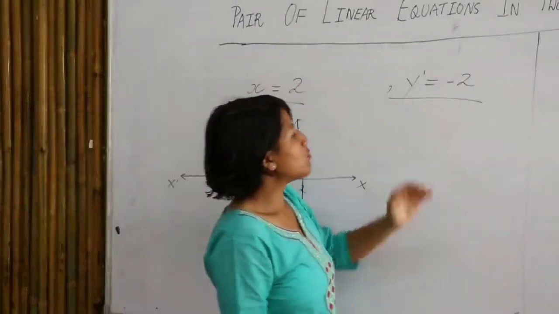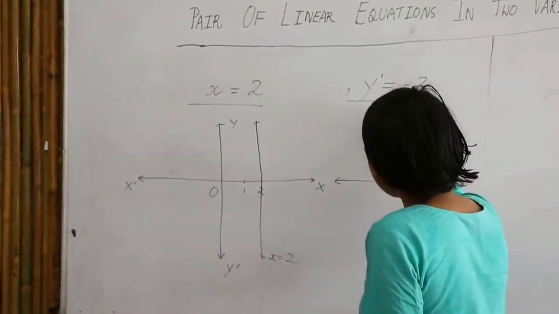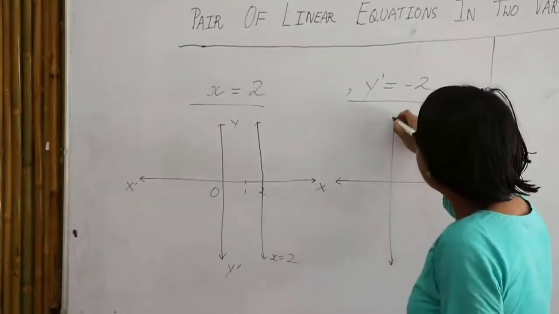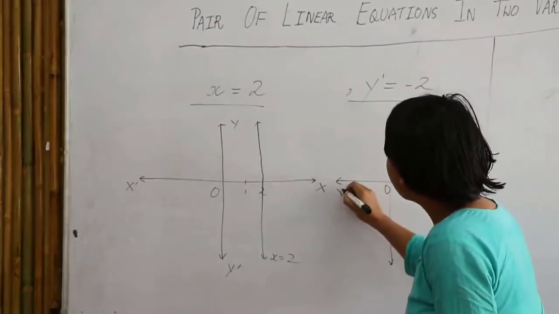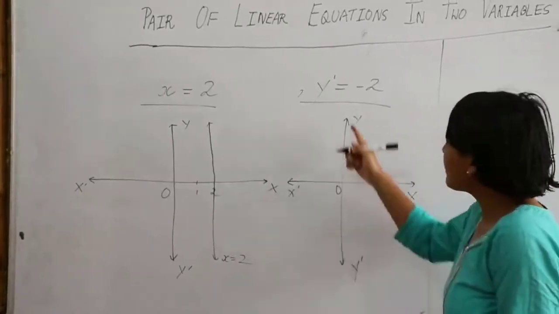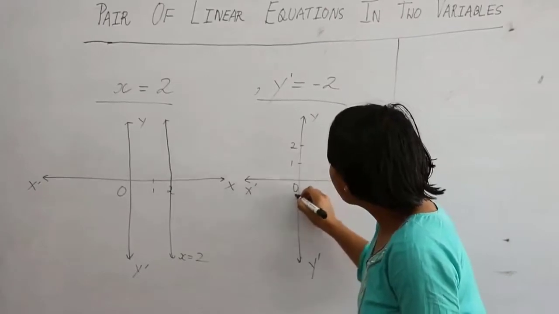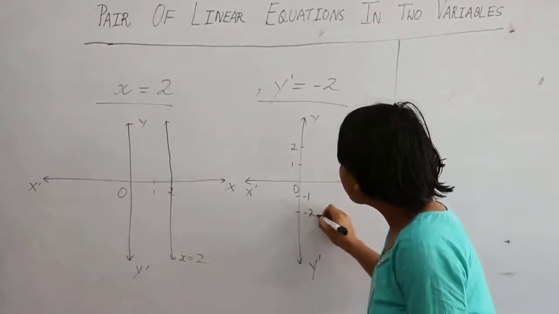But y equal to -2, graphically, here 1 and then 2, -1, -2.